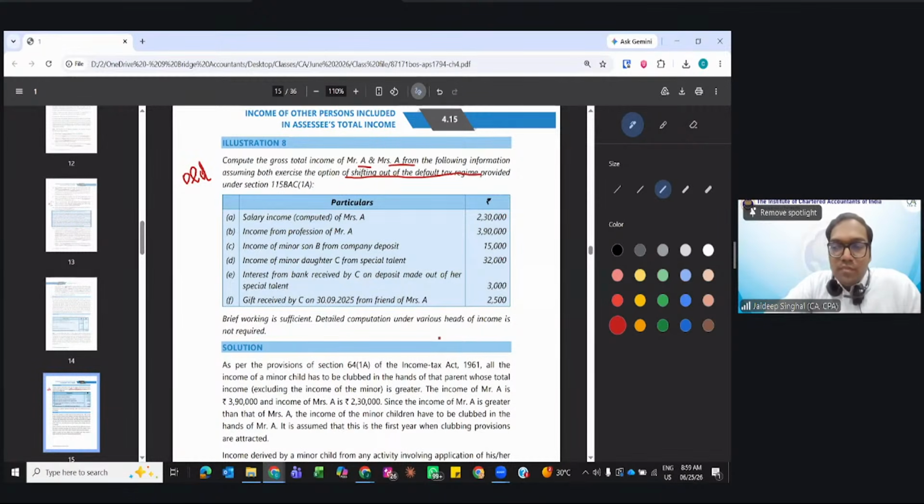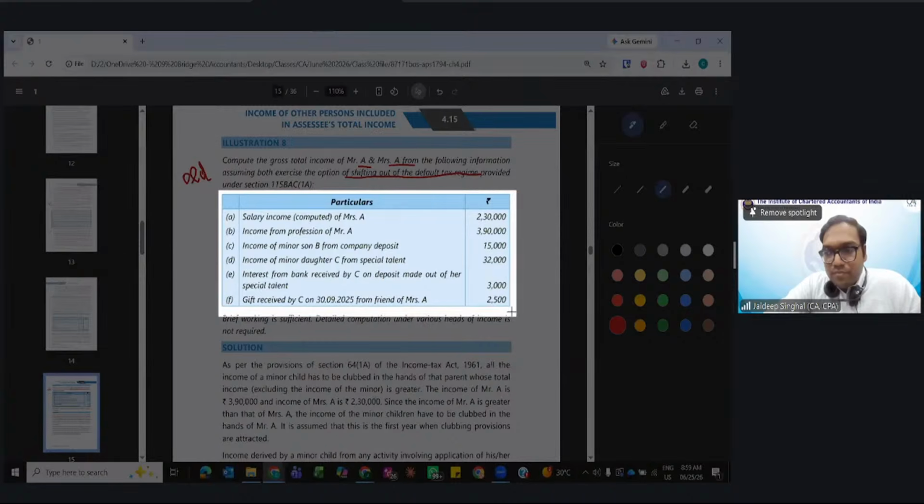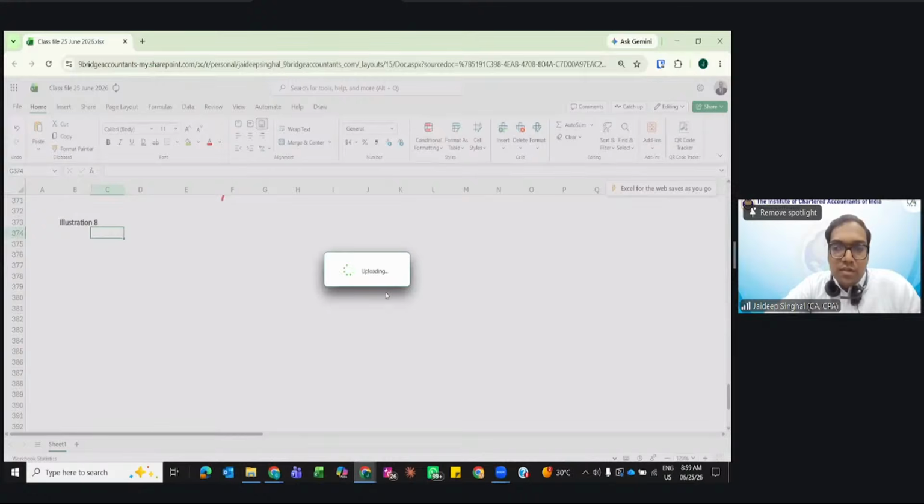Can you just copy paste the screenshot? A detailed computation on various heads of income is not required. Okay, let's do it.